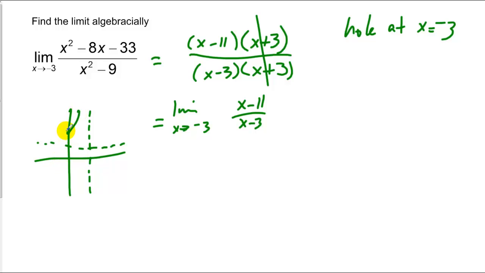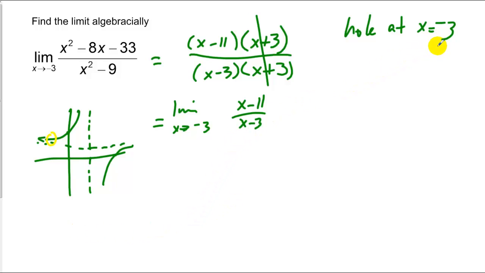It's going to look something similar to this. But I'm going to have an undefined value at -3. So somewhere over here I'm going to get a hole. The question is, where is that hole?